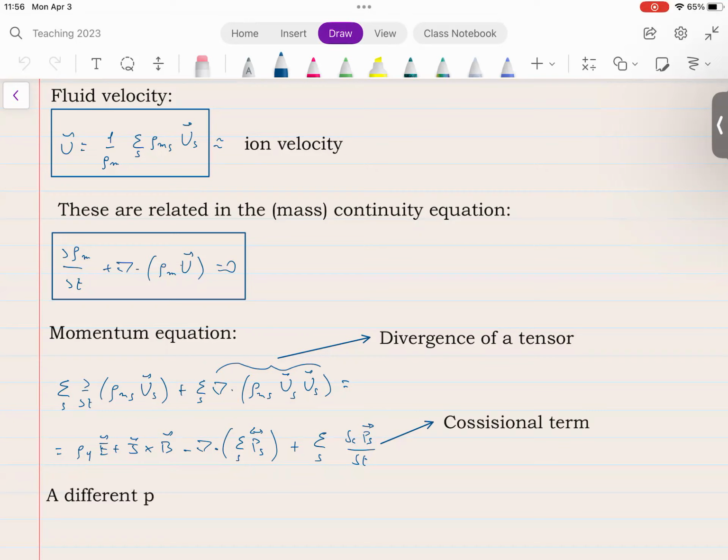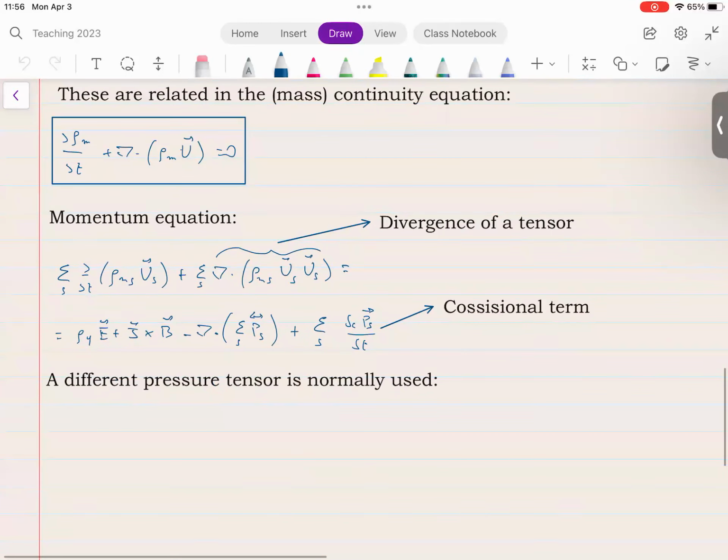Let me just write the definition of the pressure tensor. We have seen this in our previous discussion of fluid equations.